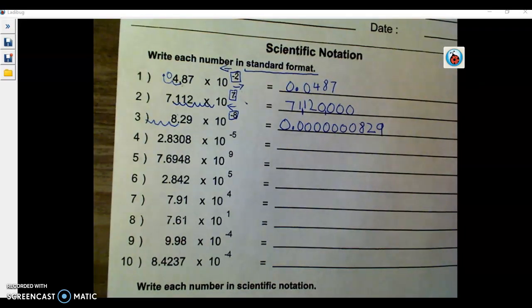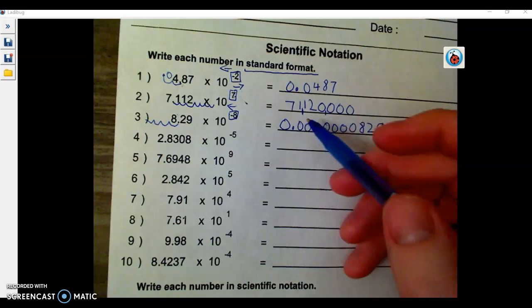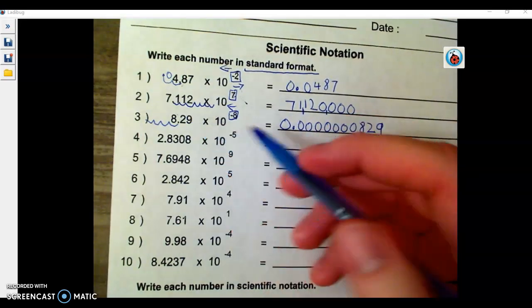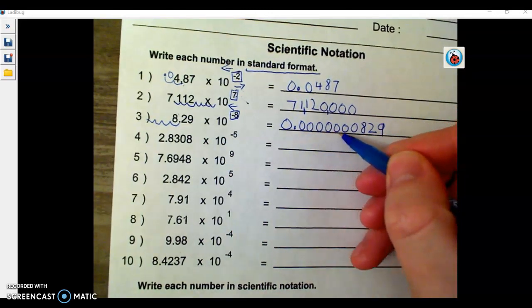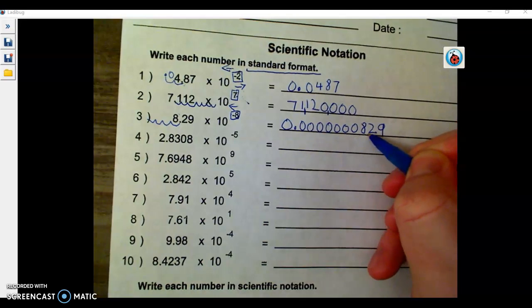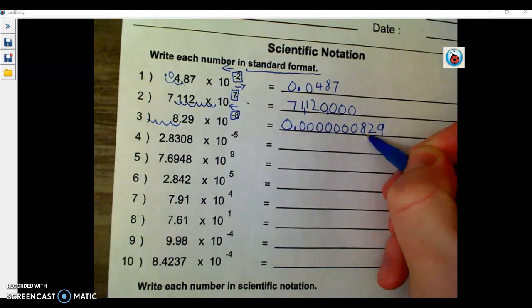Very tiny numbers. And you can always just double check. I moved 8 spots to the left, so if I wanted to move this decimal spot back, it would be 1, 2, 3, 4, 5, 6, 7, 8. Puts me back to where I started.